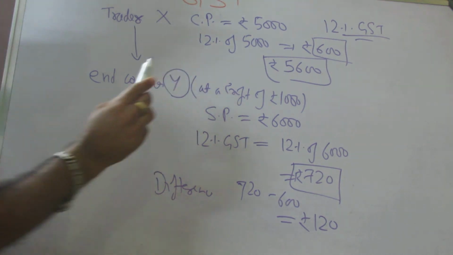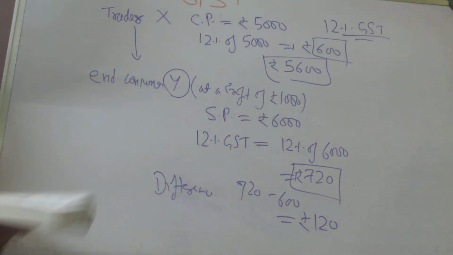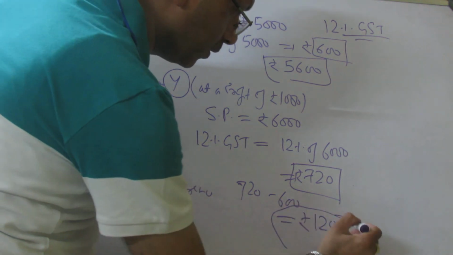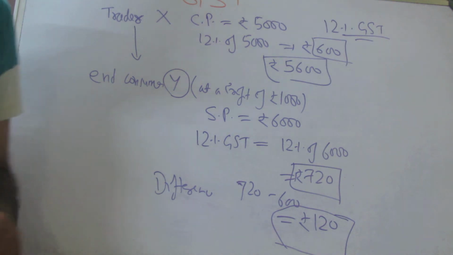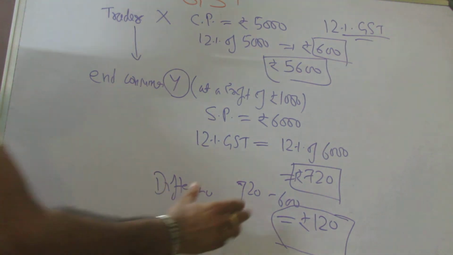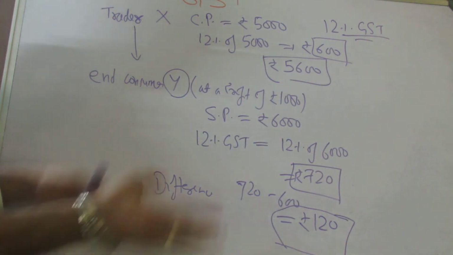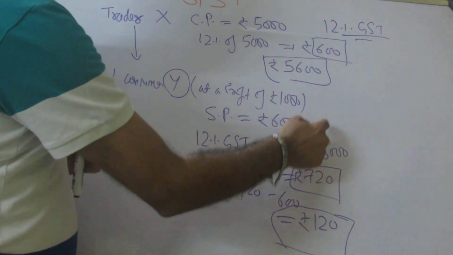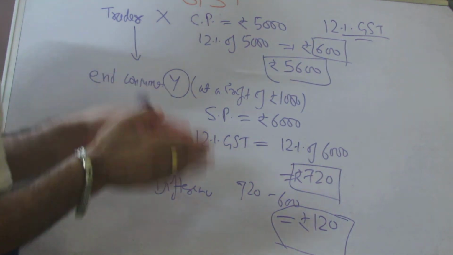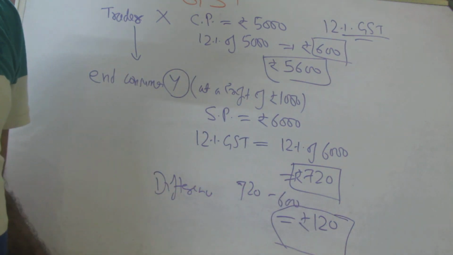The end consumer cannot claim any refund on GST. This is called GST on value addition, which is 120 rupees. So this is the net GST which X will deposit to the government. He has collected the 600 rupees he already paid from the customer, and for the value addition of 1,000 rupees he is paying 120 rupees.